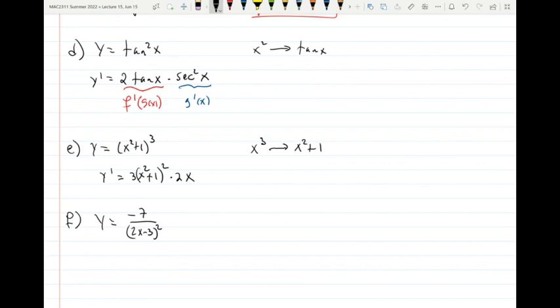So the derivative of the outside, that's 3x squared, but then you have to plug in the inside function, right? Instead of x, you have to have x squared plus 1. That's this piece right here. Do you see that? Yes or no? No, I thought you were asking for the derivative of x cubed. Oh, no. So the derivative of the outside evaluated at the inside, that's this part, and then times the derivative of the inside, which is 2x. Okay? So what's the final answer? 6x times x squared plus 1 squared.